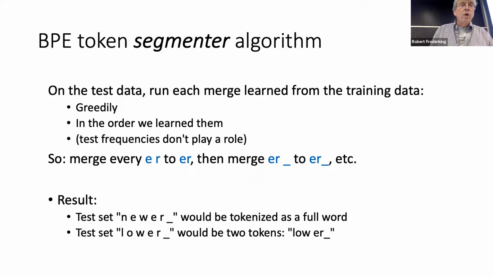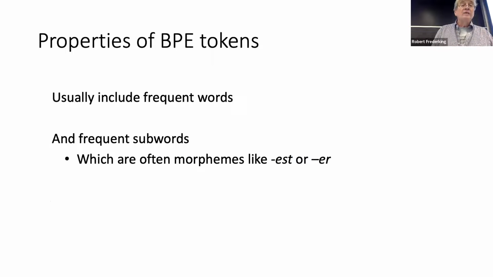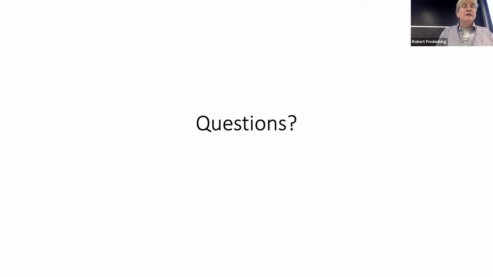So using this example, newer with a blank after it would become a single token, whereas lower would be 2 tokens, low and ER blank at the end. And so it usually includes all the frequent words, and it will often include morphemes because it will find high frequency things like EST and ER.